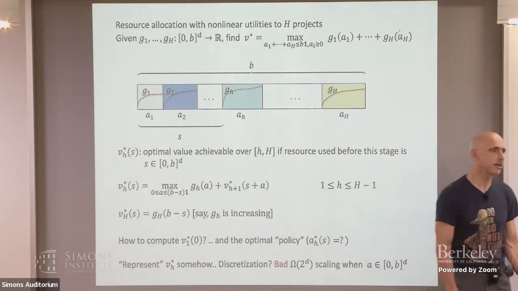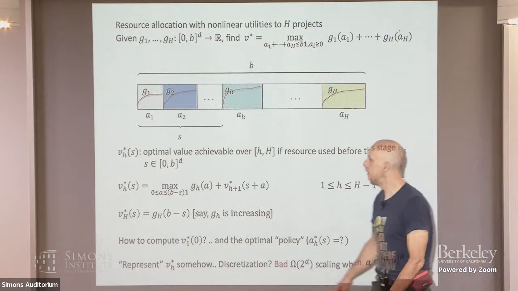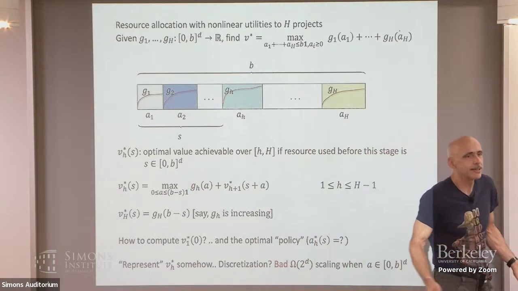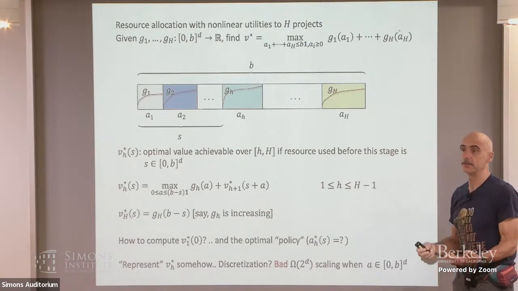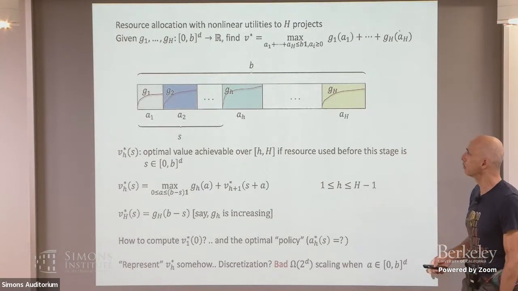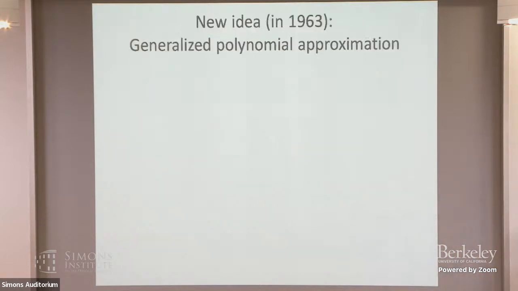They were thinking previously about discretizing the state space and the action space, but then they noticed that if you discretize a d-dimensional space and you want to have some good accuracy, then your resource needs for computing this thing are going to blow up exponentially in the dimension. So the question is, can we do something about this? And this is what this paper was about in 1963.